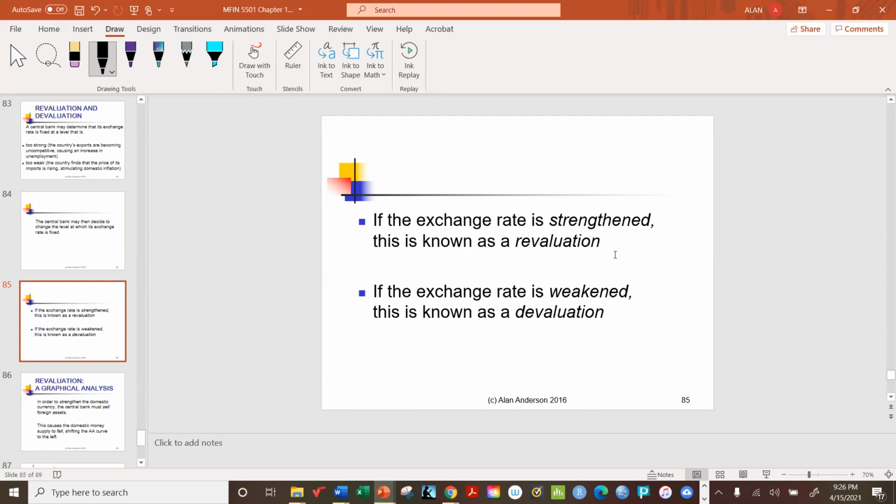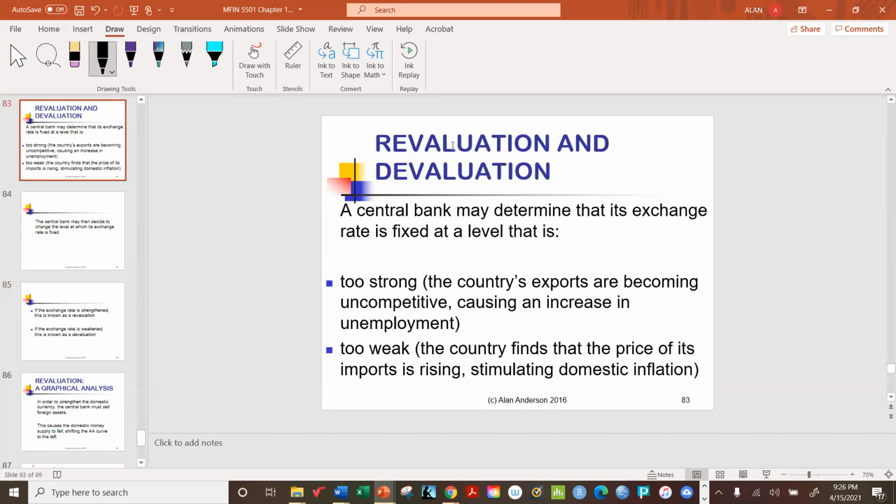And of course, if the exchange rate is weakened to a new level that's weaker than it was before, we call this a devaluation to distinguish it from a depreciation, which takes place in the foreign exchange markets. This is a conscious policy decision to weaken the fixed exchange rate. So we just have to be a little careful with the terminology. Revaluation means strengthening a fixed exchange rate, and devaluation means weakening a fixed exchange rate.